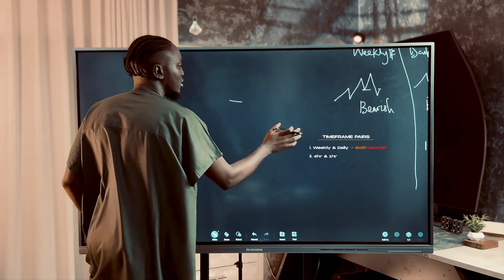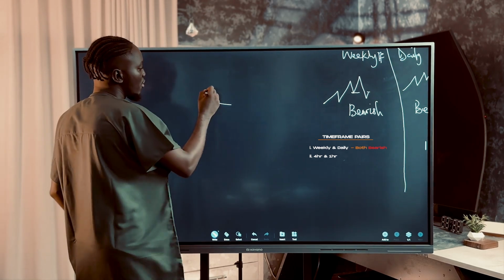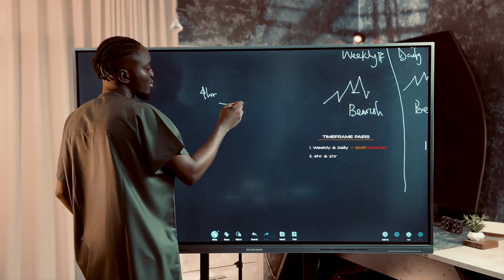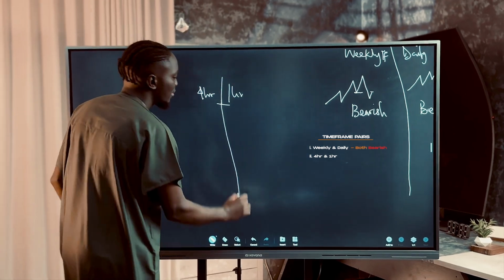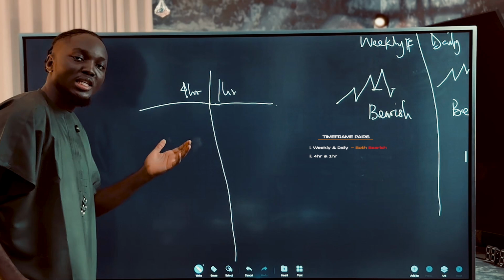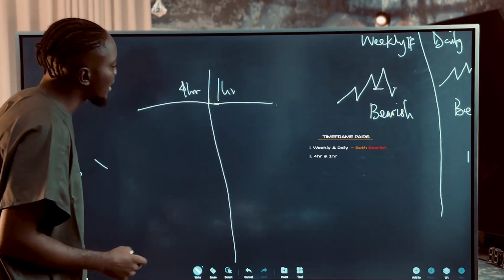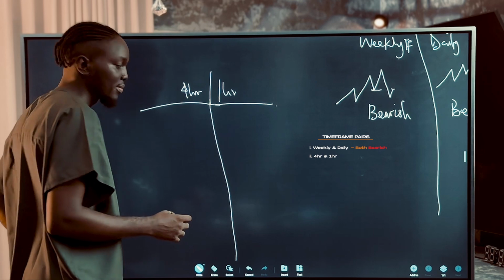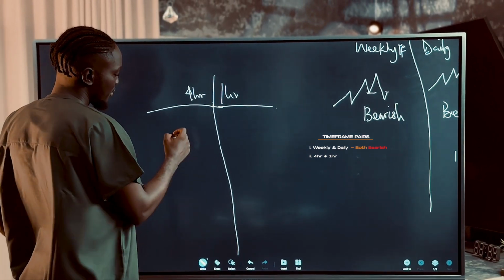So let's keep this somewhere. Okay. And now we want to have a table of 4 hour against 1 hour time frame. The table. All right. This is 4 hour and 1 hour time frame. So let's now say on 4 hour time frame, what do we have?